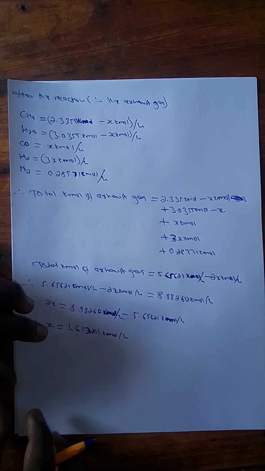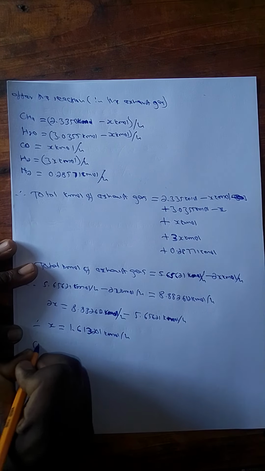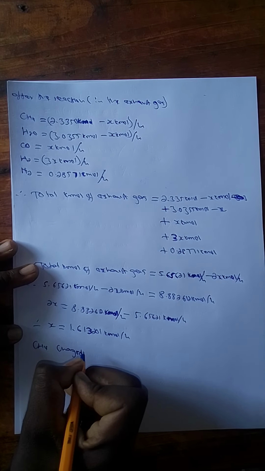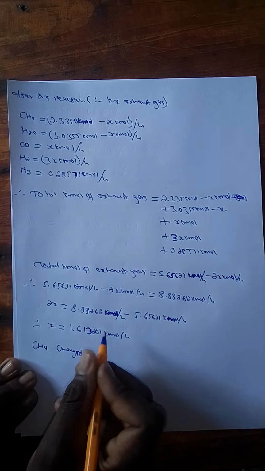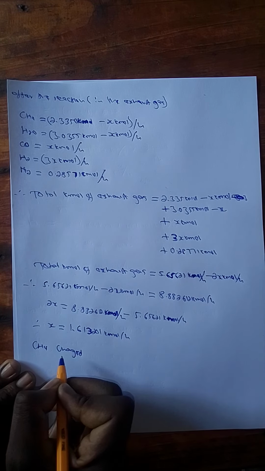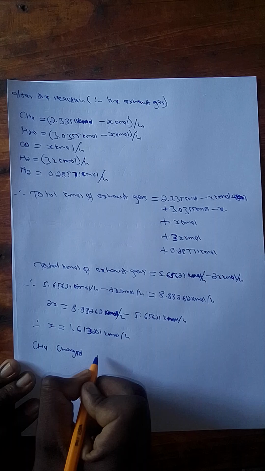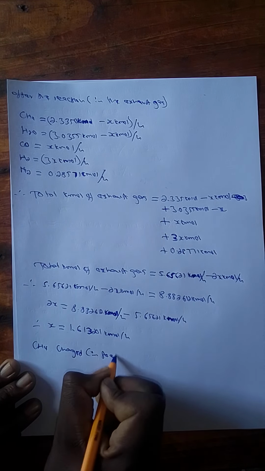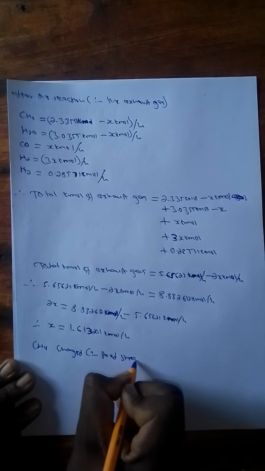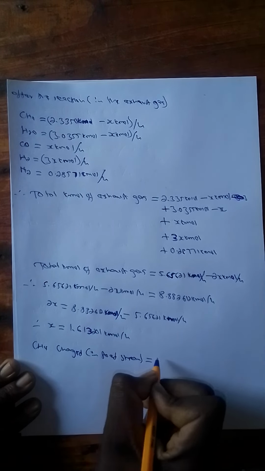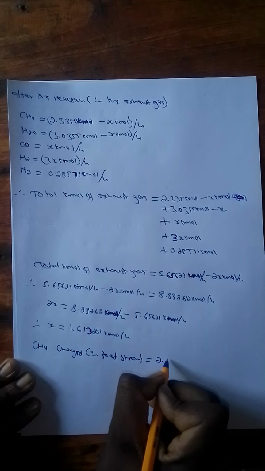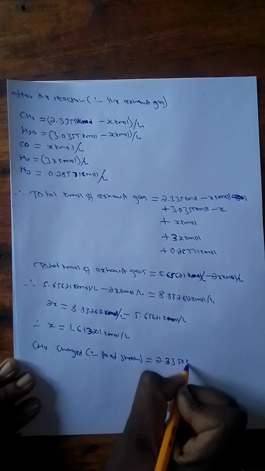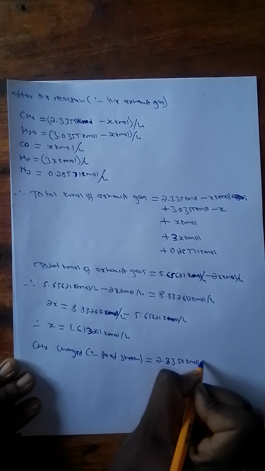Let's start with the C. We know that CH4 charged in the feed stream was equals to 2.3350 kilomole per hour.